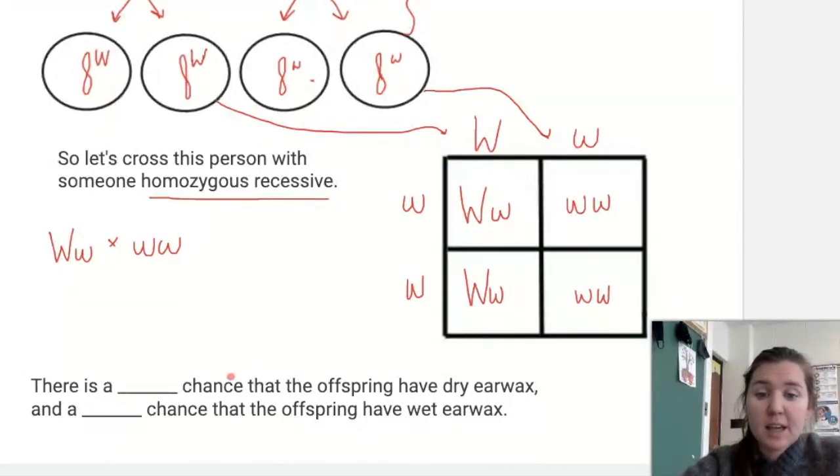In this case, half of these potential offspring could have wet earwax. Remember, wet was the dominant. The other half, these two, are going to have dry earwax because they have both recessive alleles. So we would say there is a 50% chance offspring would have dry earwax and a 50% chance that the offspring have wet earwax.